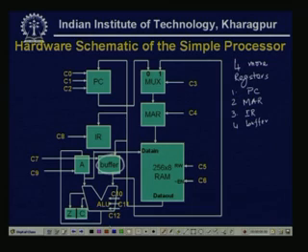So, here C0, C1, C2, then C3, C4, C5, C6, C7, C8, C9. And C10, C11 and C12 are the control lines for the ALU operations. So, these 13 control lines are there for this simple processor.